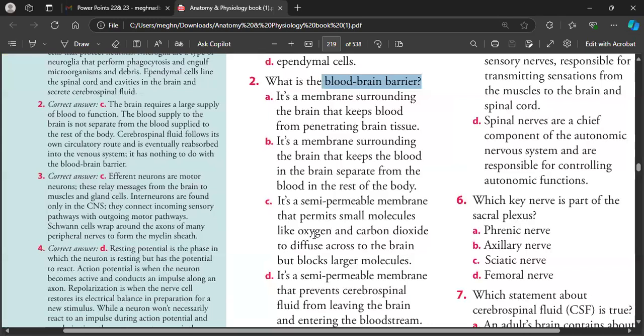And what is the brain food? Oxygen and some nutrients, like glucose. Also carbon dioxide diffuses across the brain. So they expel carbon dioxide from the brain, but oxygen gets in, right?